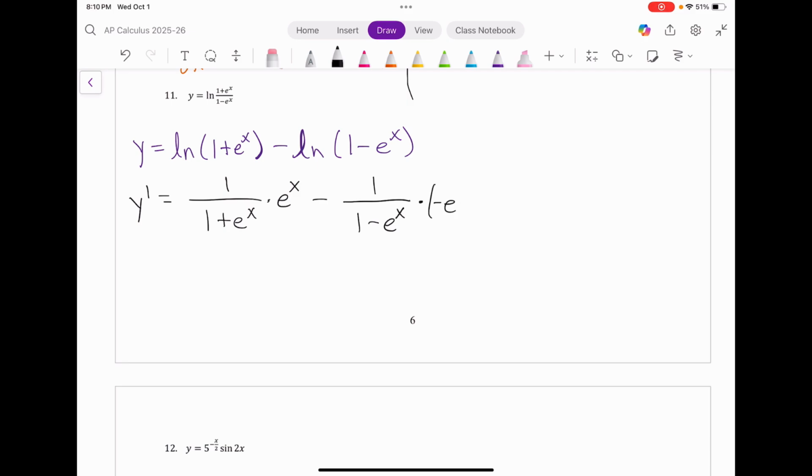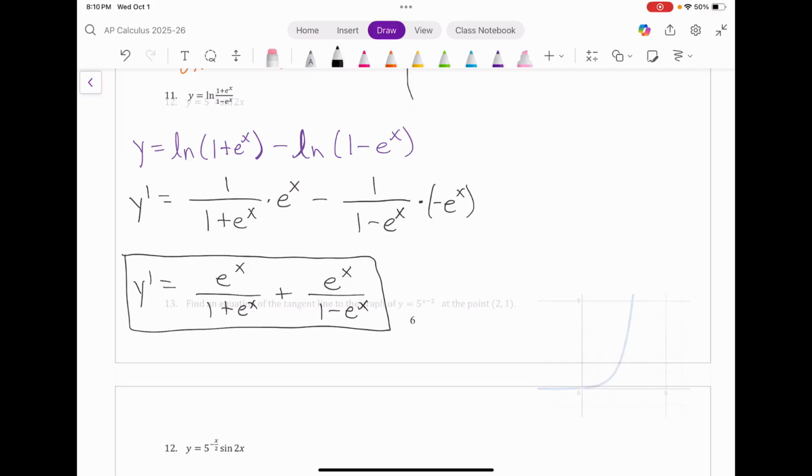So that'd be negative e to the x. Okay, and we'll just clean it up a little bit. So we'll put everything in the numerator. And then the minus and negative makes it a plus. Yeah, that's a good answer.